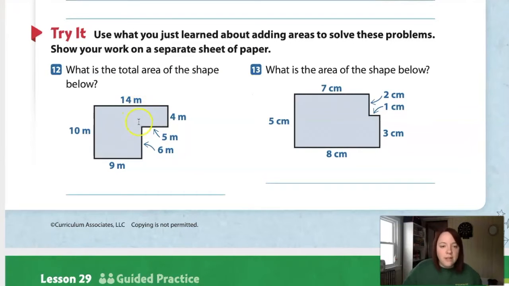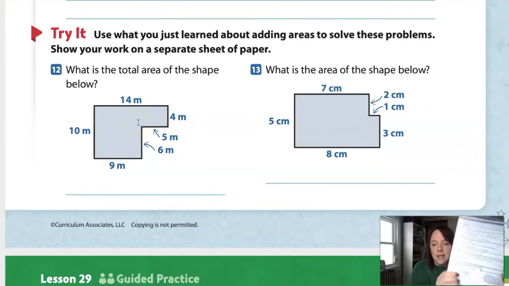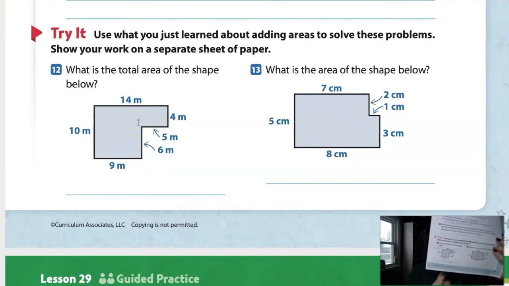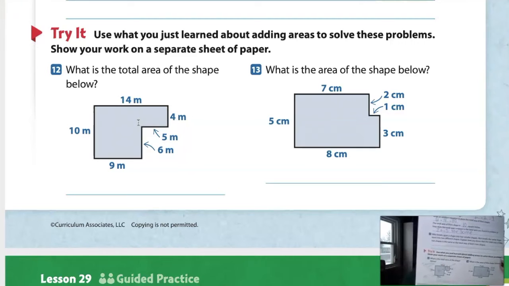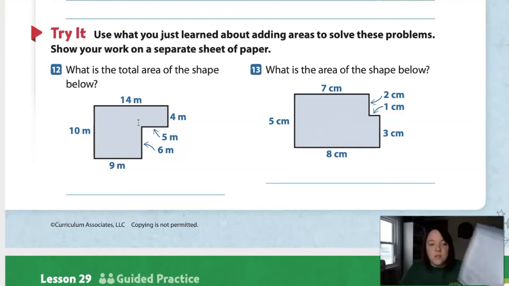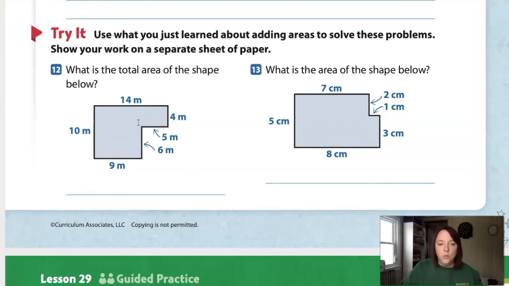So if I draw a line right here, and I kind of did it on my paper, I drew a little dotted line right there. I did it that way so I could break it apart and show you how to break it apart. So if we break it apart right here, I put on mine that I know that this side is 4 right here, and I know that this side is 5.